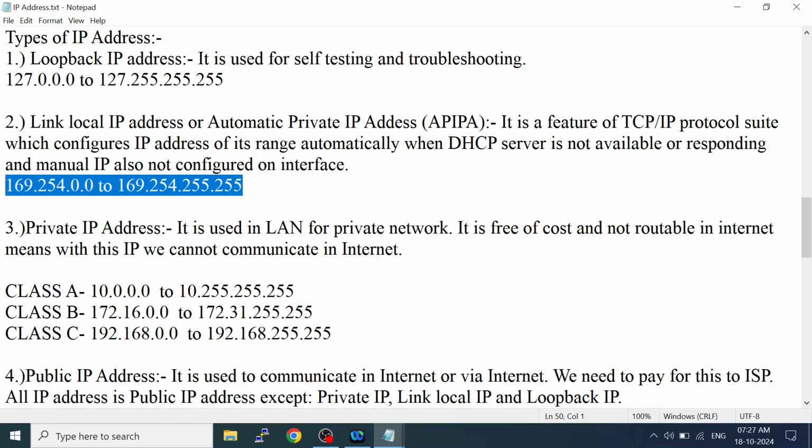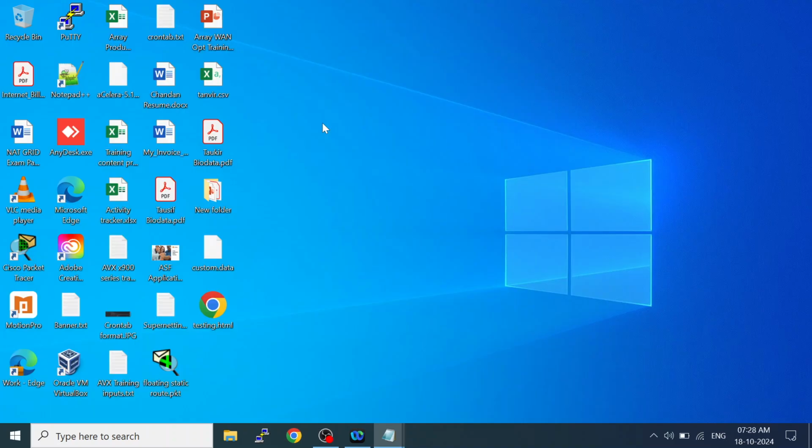It is built into our operating system software that if it fails to get an IP address from DHCP, it will automatically take an IP address from this range. Understood? If you want to see the same, we have one solution here to see. In the simulator, we can check the same.